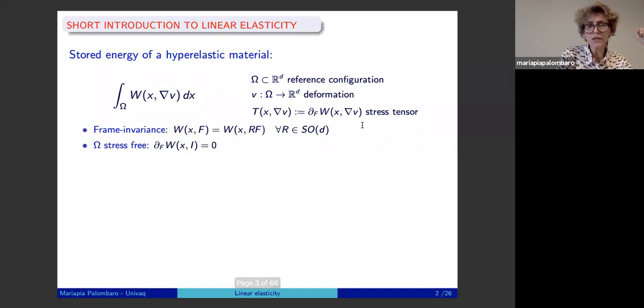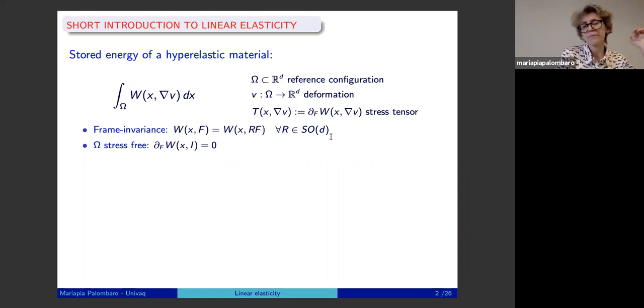As customary in these kinds of problems, one assumes frame invariance, which means that the energy does not depend on rotations of the system. And we also assume that the reference configuration is stress-free, which means that the identical deformation, whose gradient is the identity matrix, is an equilibrium of the system.